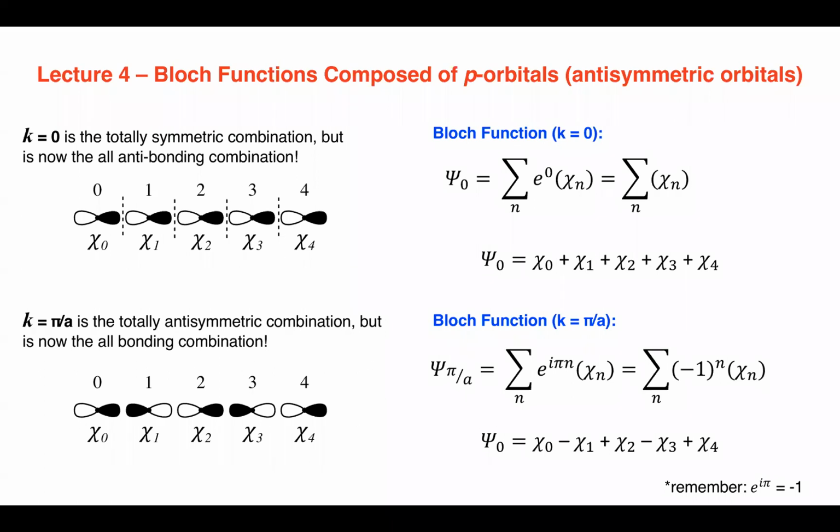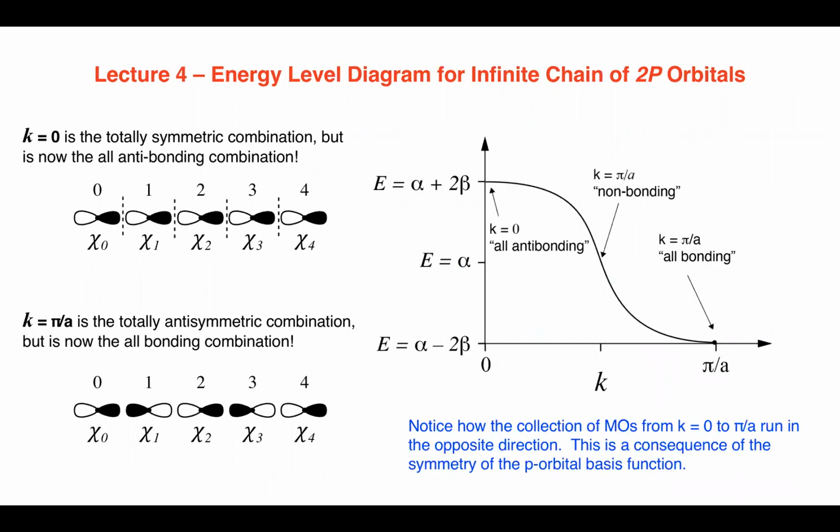That's the inverse of what we saw with the hydrogen 1s functions, where the hydrogen 1s orbitals don't change sign as you run down this wave function for k equals 0, and that means they're all bonding. So you actually get a different result when your component orbital is different.